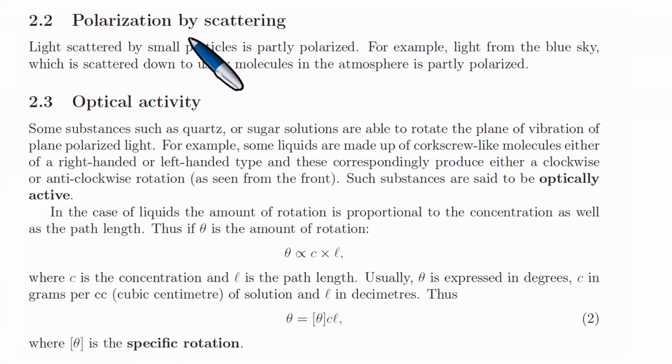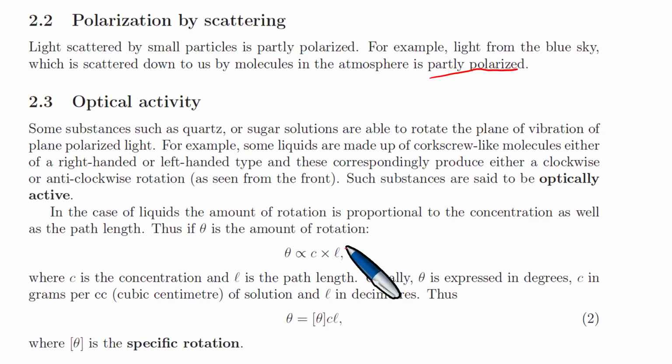Let's discuss polarization by scattering. Light scattered by small particles is partially polarized. For example, light from the blue sky, which is scattered down to us by molecules in the atmosphere, is partly polarized.